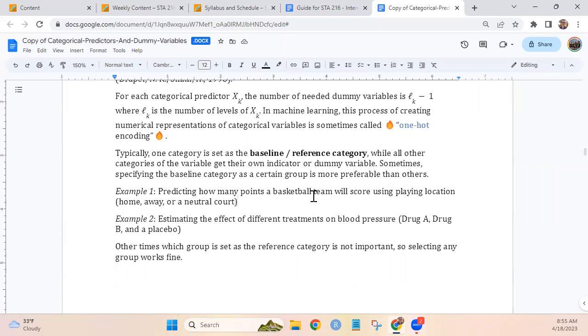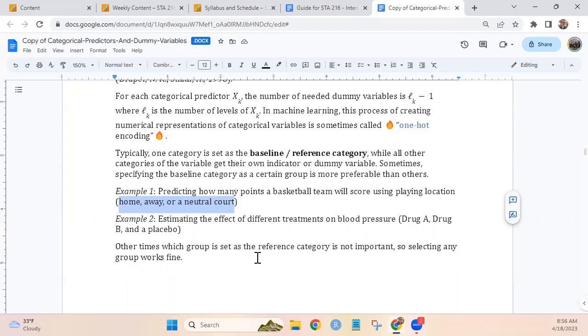So, some examples where this is very useful. If you're predicting, say, how many points a basketball team will score using regression, it's a known characteristic about basketball games that teams playing at home, for example in college basketball, score about 4 to 6 points more on average than when they're playing away.